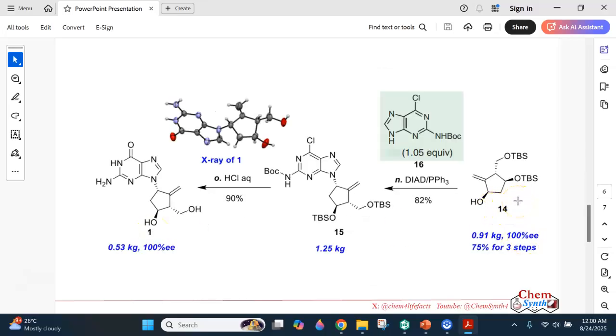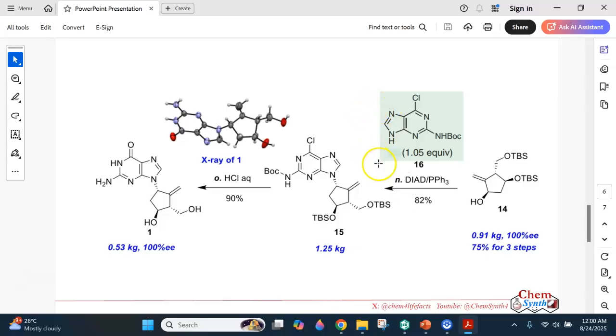Now this allylic alcohol underwent condensation reaction with this protected purine in presence of DIAD reagent and triphenylphosphine. DIAD reagent is diisopropyl azodicarboxylate.